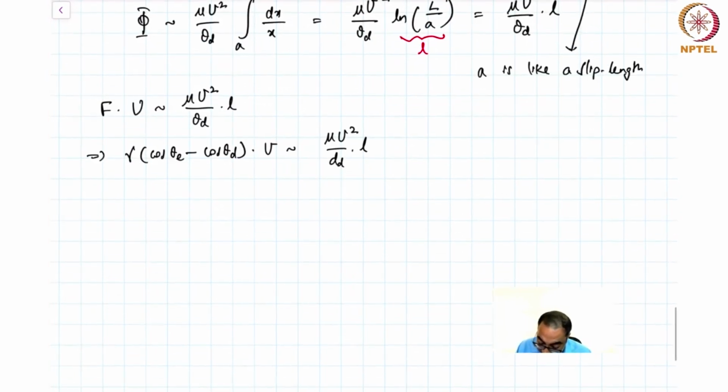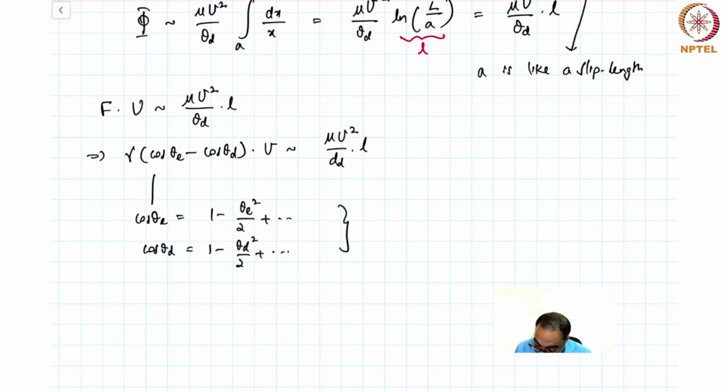If theta d and theta e are small, then cosine of theta e can be simply taken to be 1 minus theta e square by 2, and cosine of theta d is nothing but 1 minus theta d square by 2, and this immediately gives me cosine of theta e minus cosine of theta d becomes theta d square by 2 minus theta e square by 2 at leading order, basically.